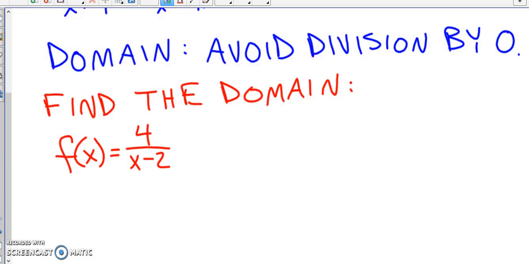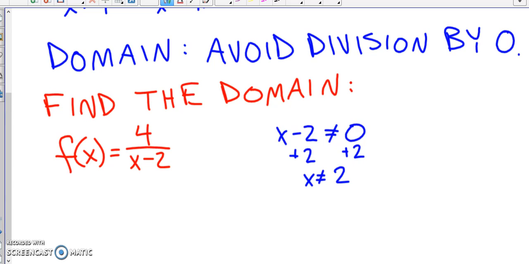So I could even say off to the side, x minus 2 cannot be 0. And I can solve that by adding 2 to both sides. So x cannot be 2. Well, that's all well and good, except for domain, we usually list that in interval notation.